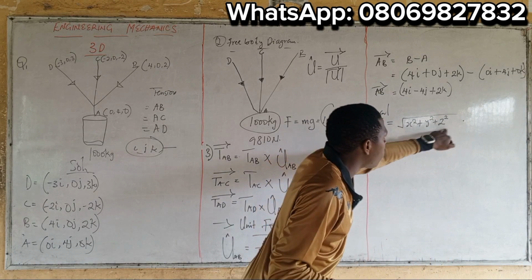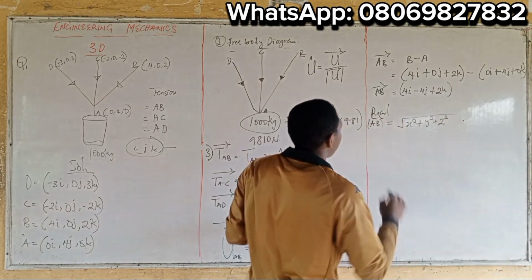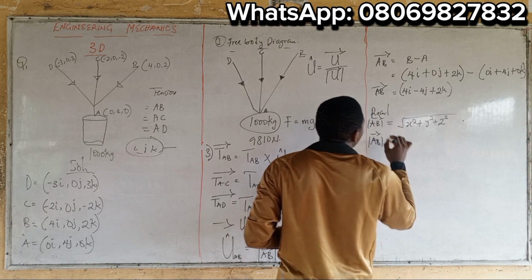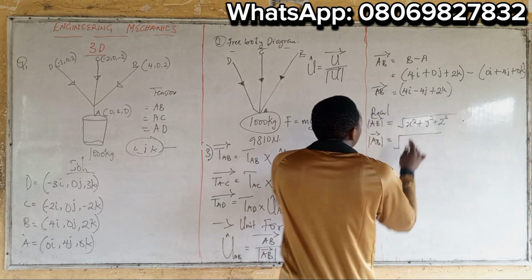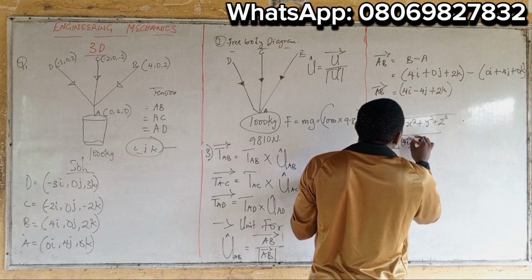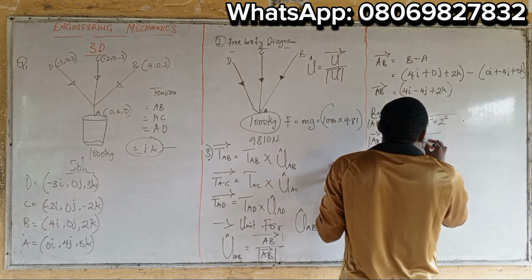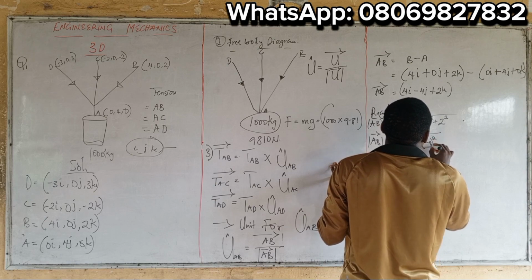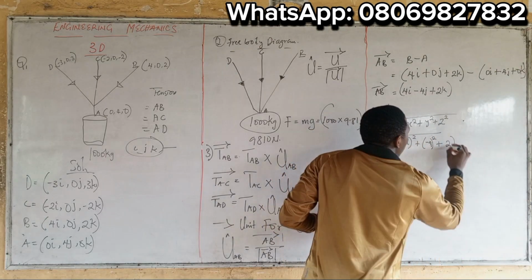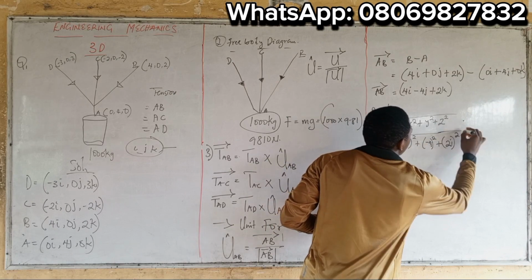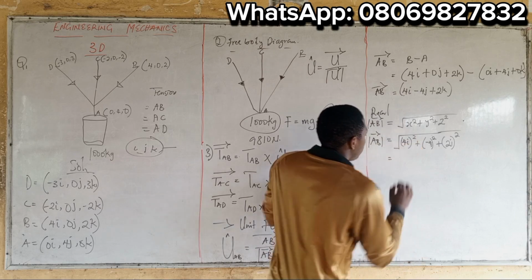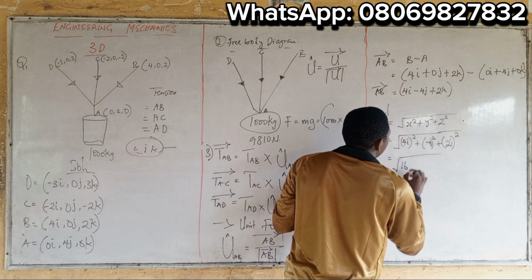If you apply the same approach here, your position vector AB is the square root of 4 all squared plus minus 4 all squared plus 2 all squared. So if you do that, 4 raised to the power of 2 simply gives you 16.